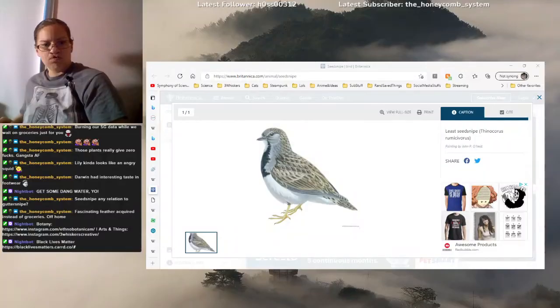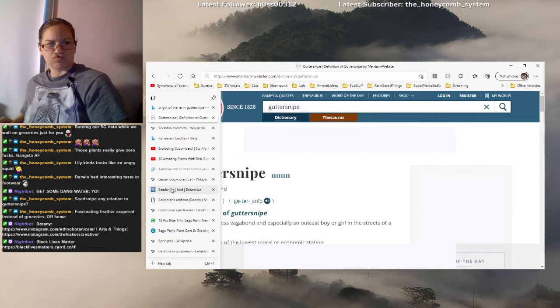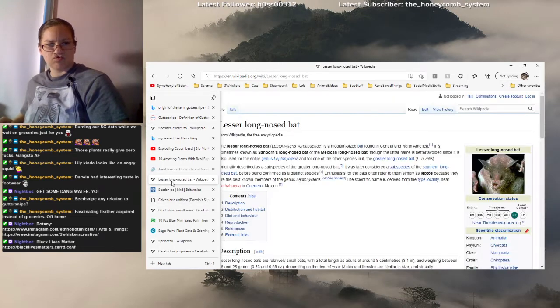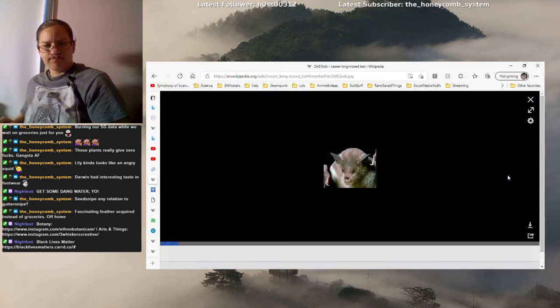But once it reaches flowering age, there are other visitors to the flowers, but the main pollinator happens to be the long-nosed bat, or the lesser long-nosed bat, who is this little guy over here.